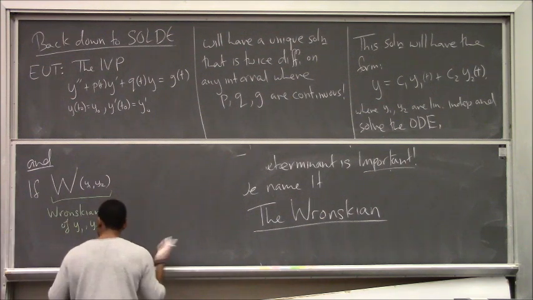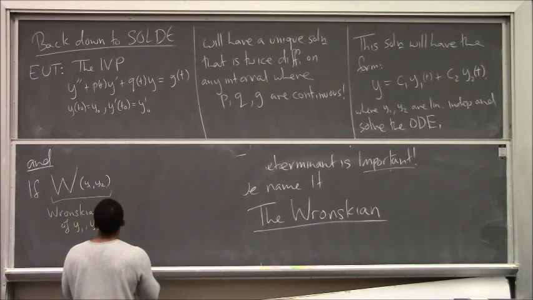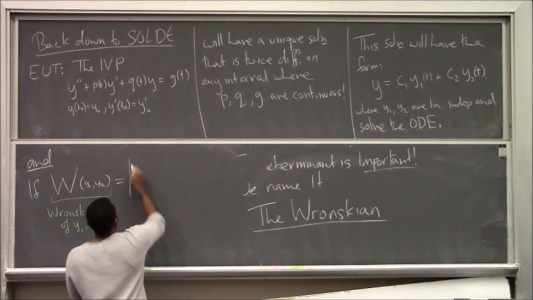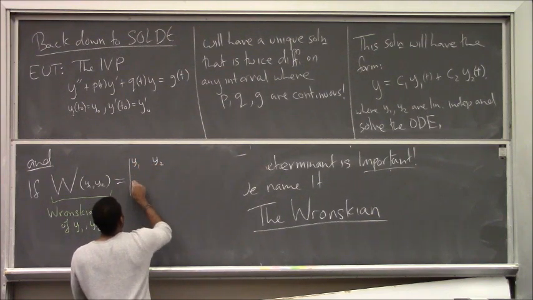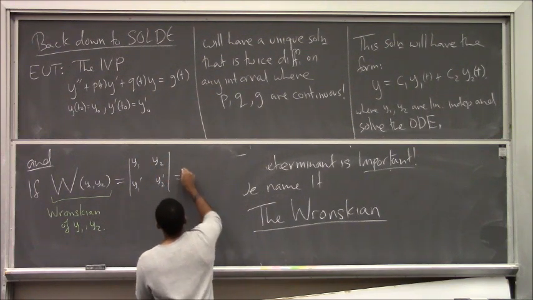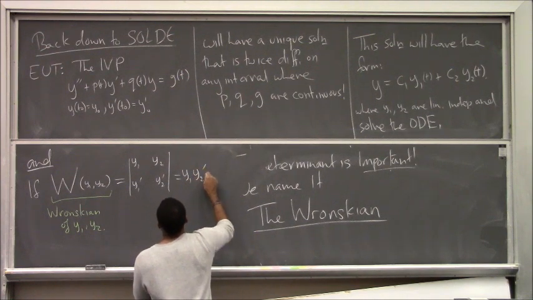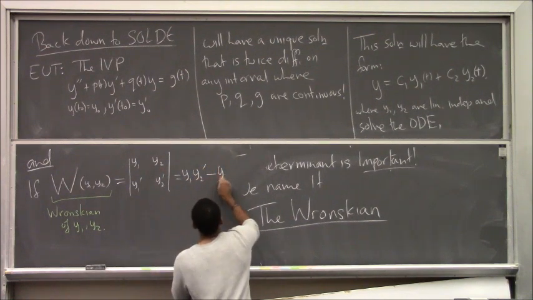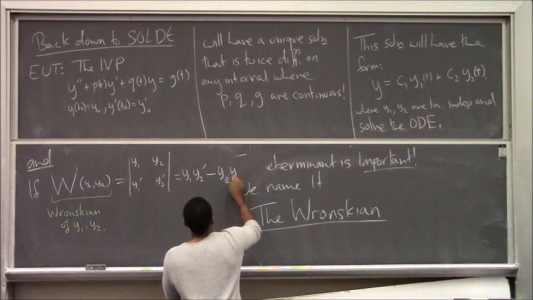So finally we get to know what this is: the determinant of y1, y2, y1 prime, y2 prime. It's just a determinant, which is this times this, y1 y2 prime, minus this times that, y2 y1 prime.